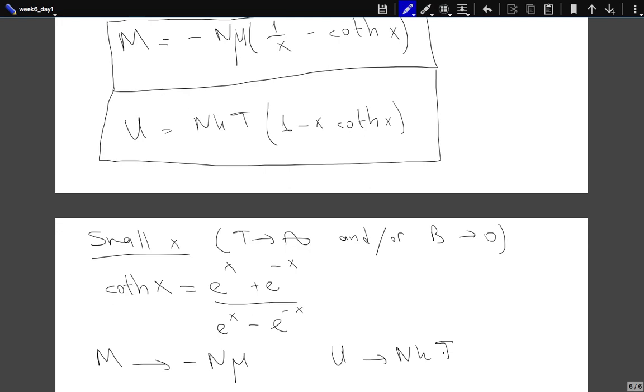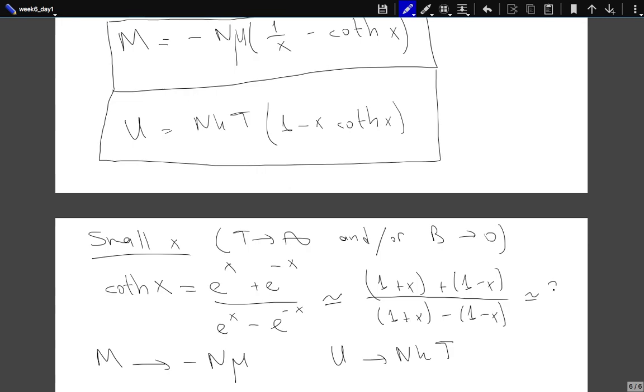Well, let's see what might have been wrong. Maybe we took the small x limit wrong. Small x, hyperbolic cotangent x will be... oh, by the way, let's expand this hyperbolic cotangent. At small x, this will be somewhat (1 + x + 1 − x) divided by (1 + x − 1 + x).